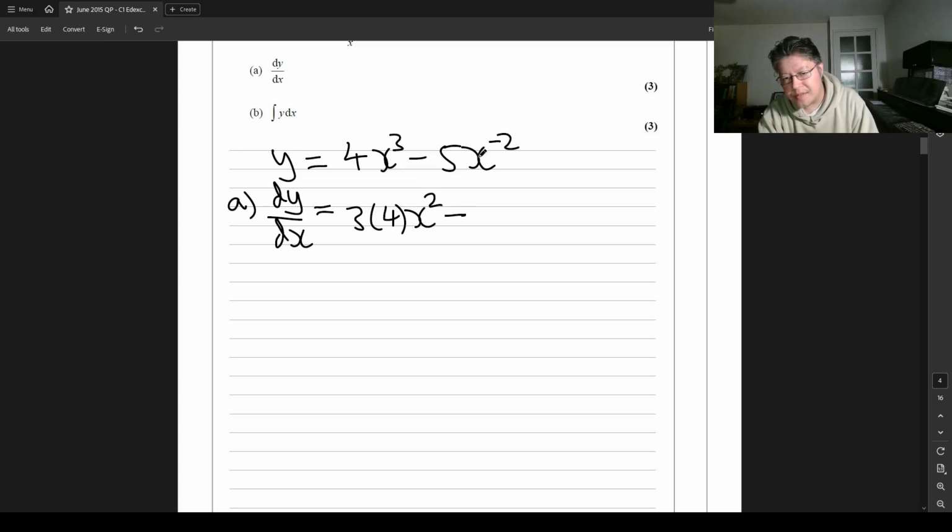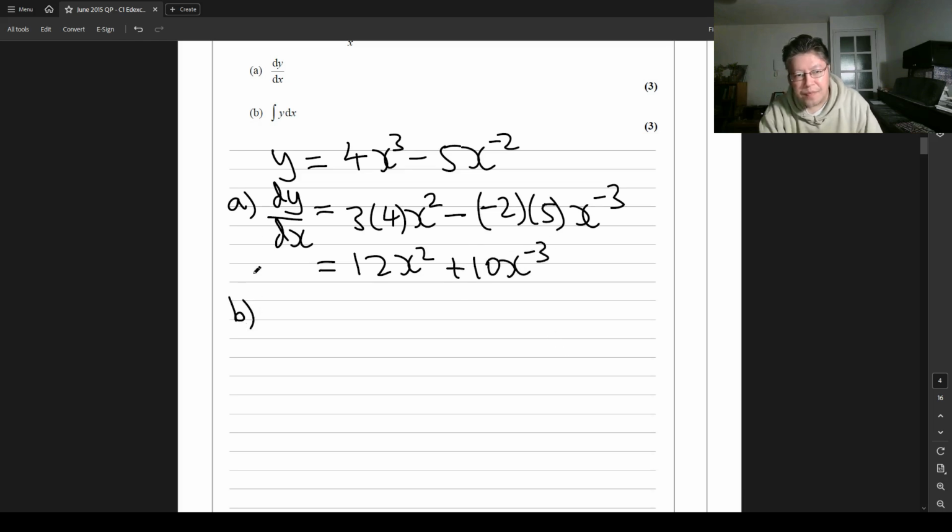Then we have minus, and the minus 2 comes down, minus 2, and that multiplies the 5, and we minus 1 off the power, give you minus 3, and then we simplify this. So 12x squared, minus and minus gives you plus, so that's plus 10x to the minus 3.